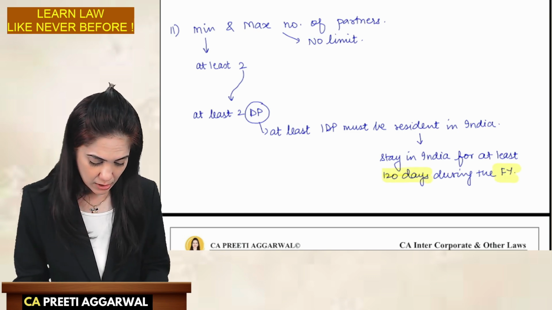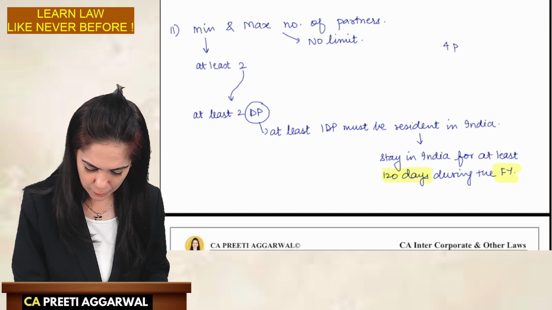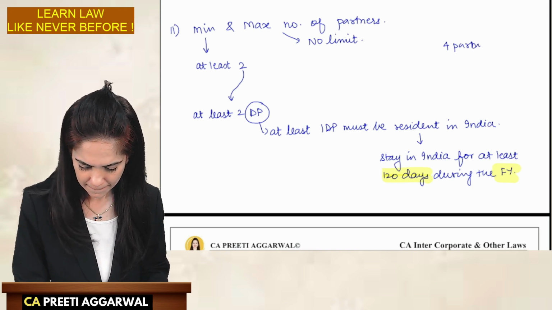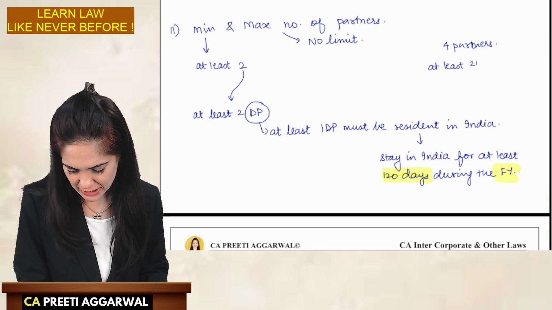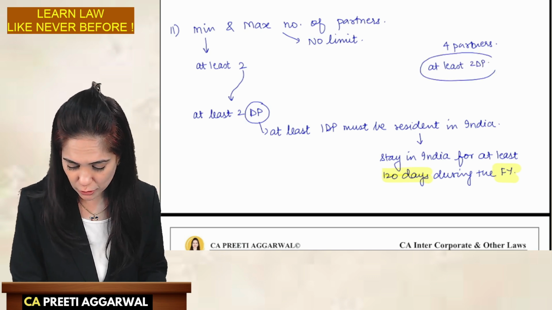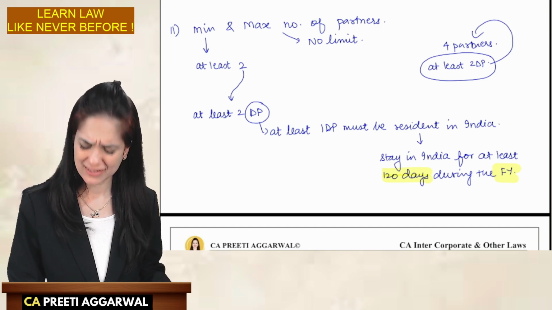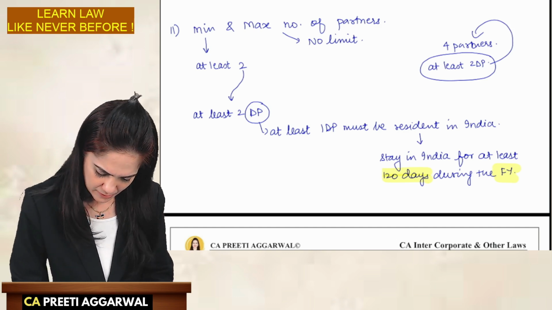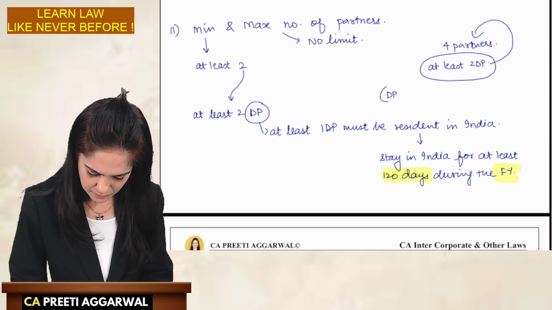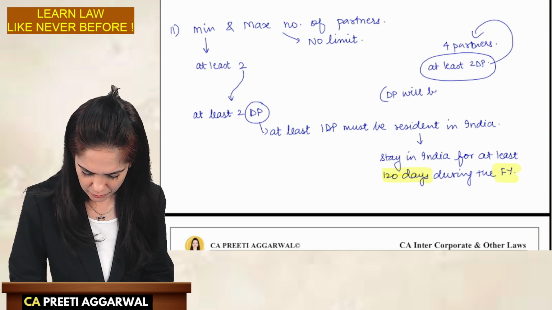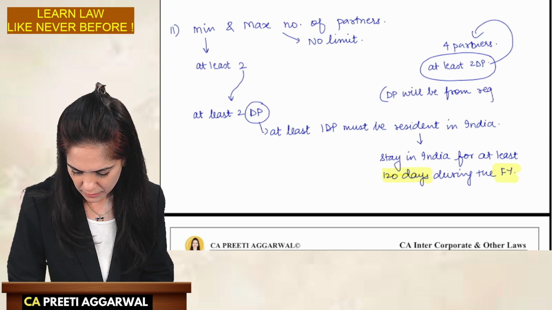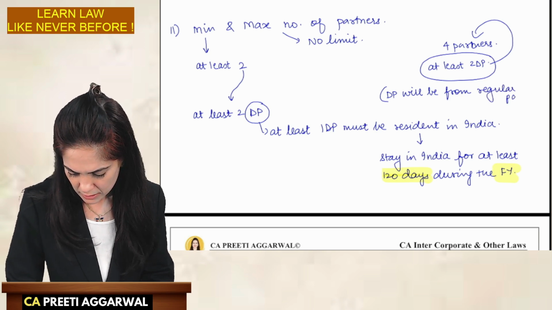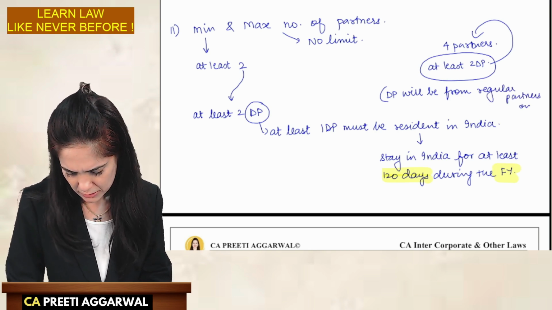Now, let's say that I have 4 partners. I need at least 2 designated partners. From whom? From these 4 only. The designated partners will be from regular partners only.